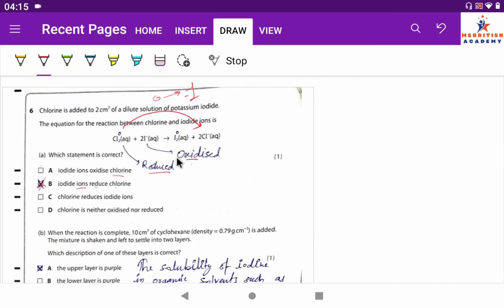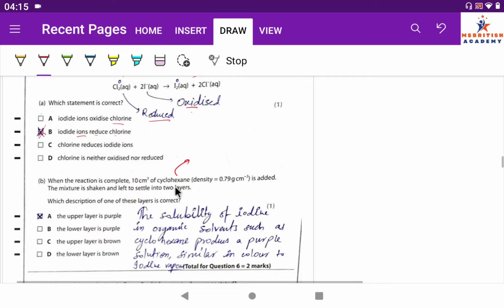When this reaction is completed, 10 centimeter cube of cyclohexane, an organic compound, is added and shaken, mixed, and left to settle into 2 layers. Which description of one of these layers is correct?